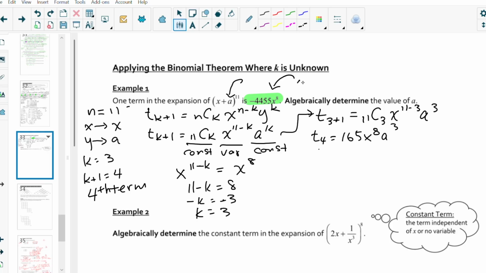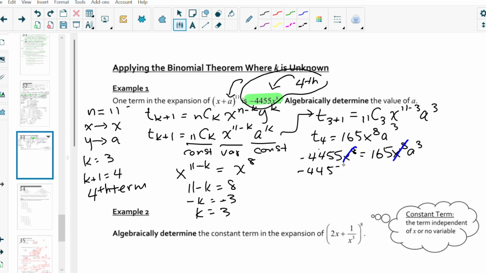Okay, how do we solve this? We know the fourth term. This is the fourth term right here. So I'm going to set it equal to the fourth term. Negative 4,455 x to the 8th equals 165 x to the 8th, a to the 3rd. Okay, x to the 8th cancels.